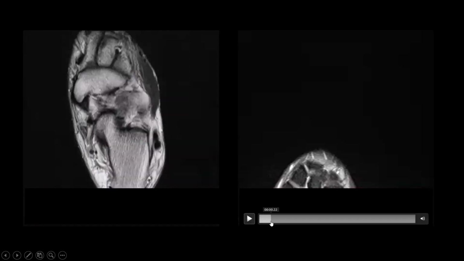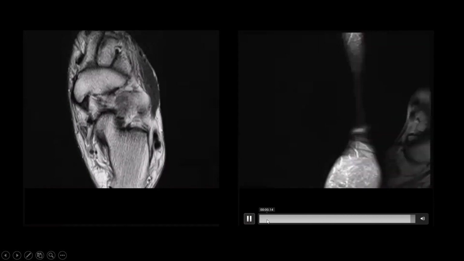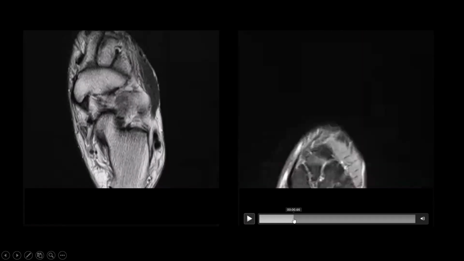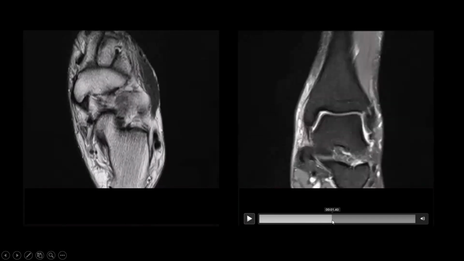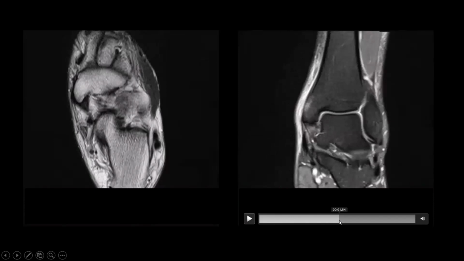Now let's have a look at these ligaments in the coronal plane. So here we can see lower end of tibia and fibula.